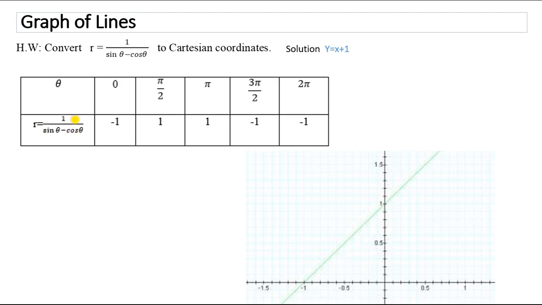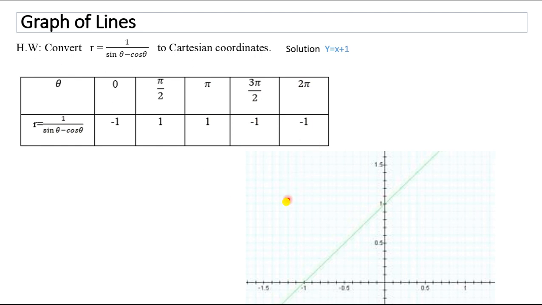If theta equals 0, sine 0 is 0 and cosine 0 is 1, the result is minus 1. If theta equals pi over 2, sine is 1 and cosine is 0, so r is 1. If theta equals pi, sine pi is 0 and cosine pi is minus 1, so r is 1. If theta equals 3 pi over 2, sine is minus 1 and cosine is 0, so the result is minus 1. And for 2 pi, sine 2 pi is 0 and cosine 2 pi is 1, so the result is minus 1.